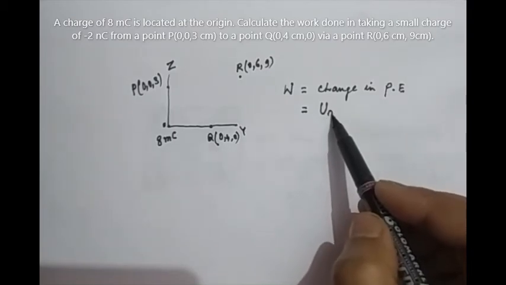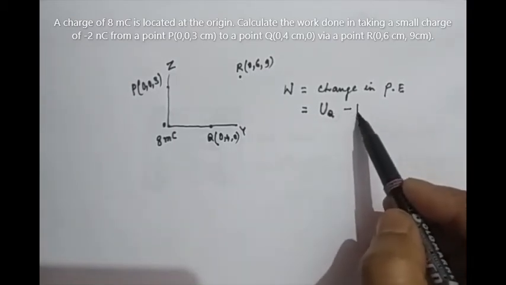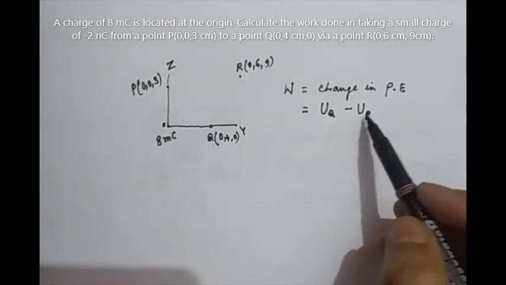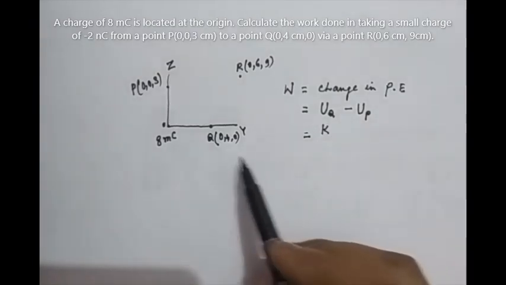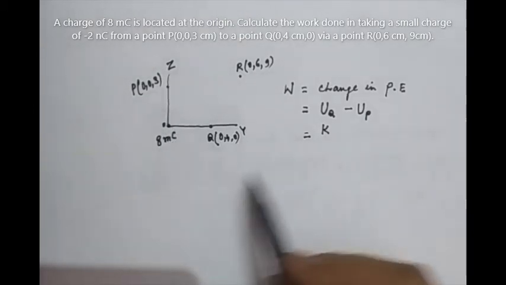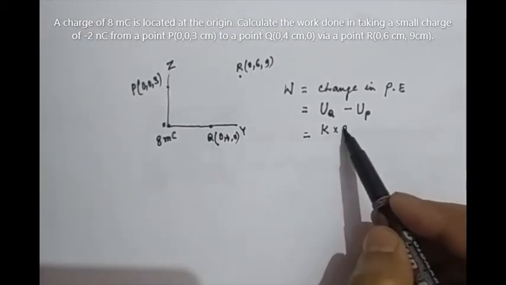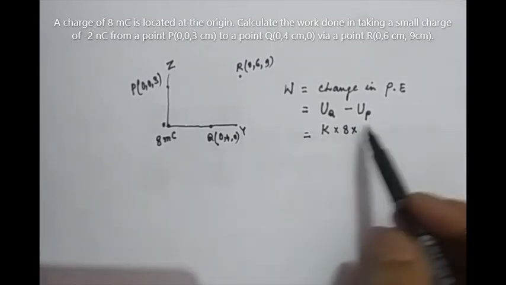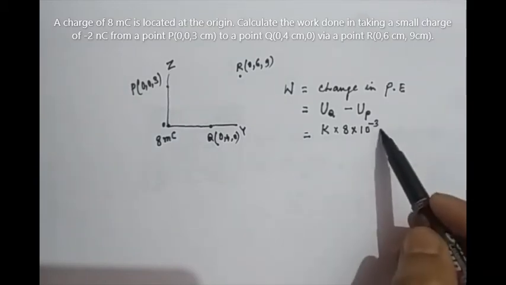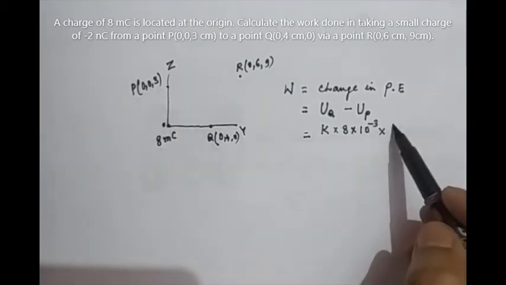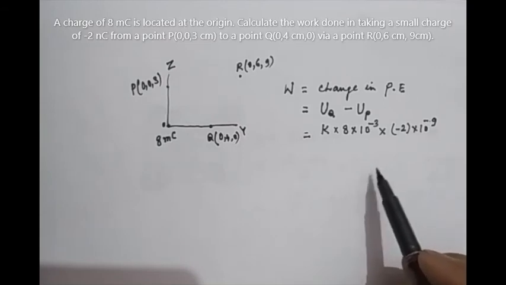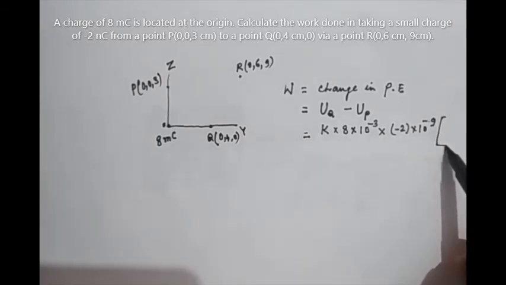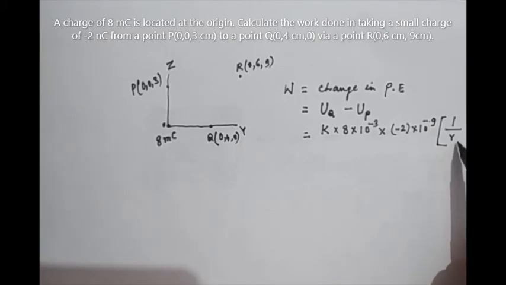Final position is Q, so U_Q minus U_P, and we have formula K. One charge is 8 millicoulomb, so into 8 into 10 to the power minus 3, into another charge is minus 2 into 10 to the power minus 9, and 1 by RQ minus 1 by RP.